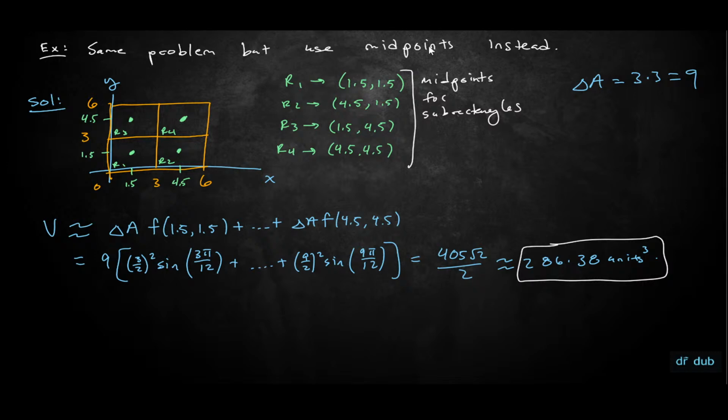And I can go ahead and tell you the actual value of the double integral, and we'll figure out how to do that next time. But the actual value is V, which is 864 over pi, which is approximately 275.02 units cubed. So the midpoint approximation is much, much better, at least for this double integral.